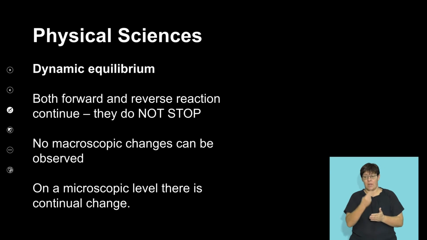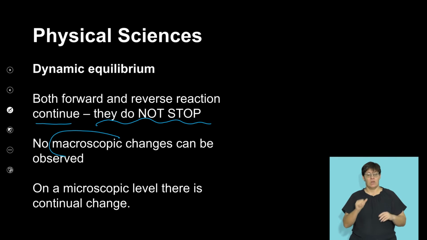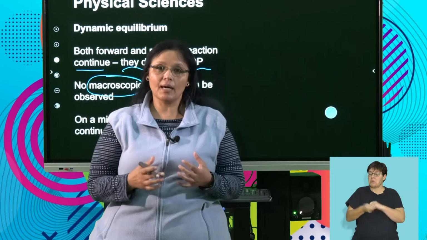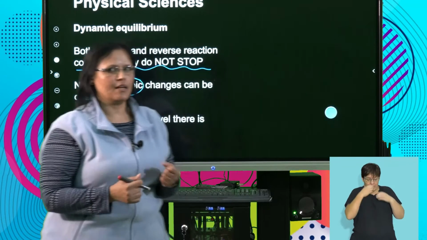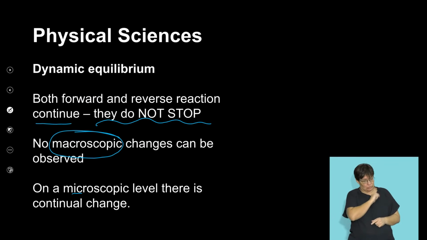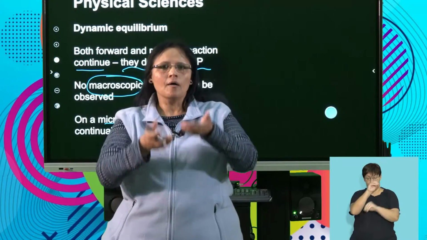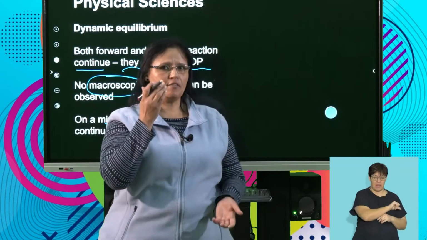Both the forward and the reverse reaction continue. They do not stop. Even though on a macroscopic view it looks as if nothing is changing, on a microscopic level there's definitely still a reaction where the particles are still moving forward, reverse, forward, reverse.